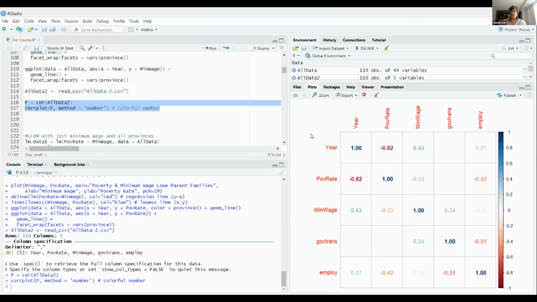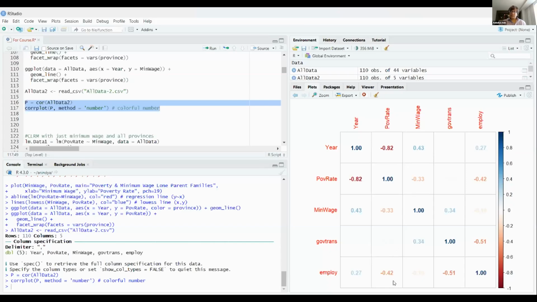So when I look at the poverty rate, it's interesting because the minimum wage, as we all know, is negative 0.33. And when you look at the effect of government transfers, there doesn't seem to be hardly any relationship. It's almost non-existent between higher transfers and poverty rates.